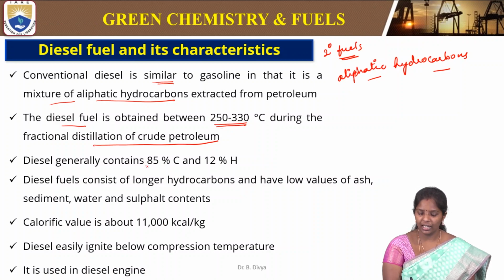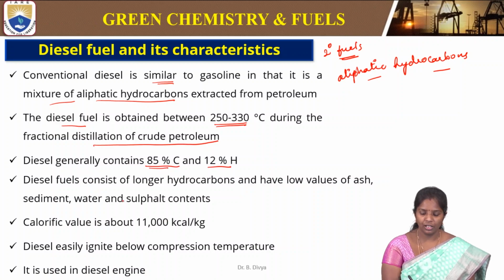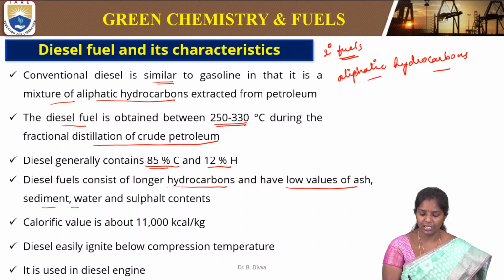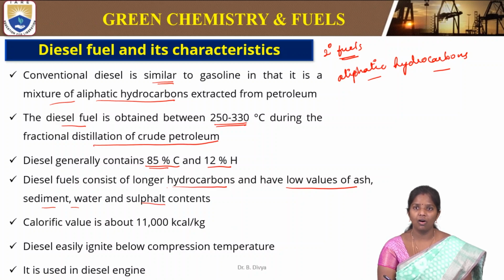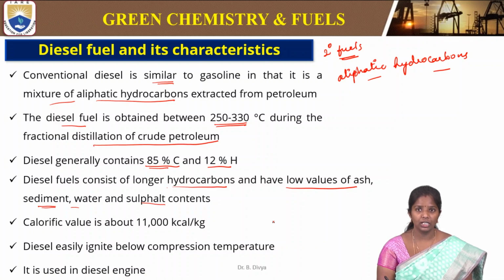Diesel generally contains 85% carbon and 12% hydrogen, and diesel fuels consist of longer hydrocarbons and low ash values, sediments, water, and sulfate contents. So there is a slight difference from gasoline. It has long hydrocarbon chains with a low ash content. The ash content obtained from diesel is comparatively less than other oils, and sediments, moisture content, and sulfate contents will also be lower.